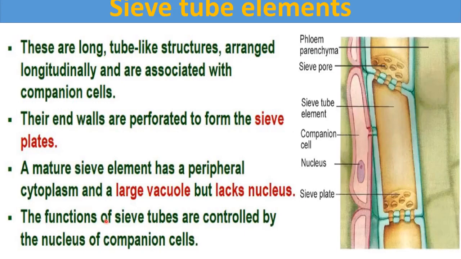The functions of sieve tubes are controlled by the nucleus of companion cells, right? So this is an interesting thing, that these companion cells which are present in association with these sieve tube elements have a nucleus, and their nucleus controls the function of sieve tube elements also, because sieve tube elements do not have any nucleus.